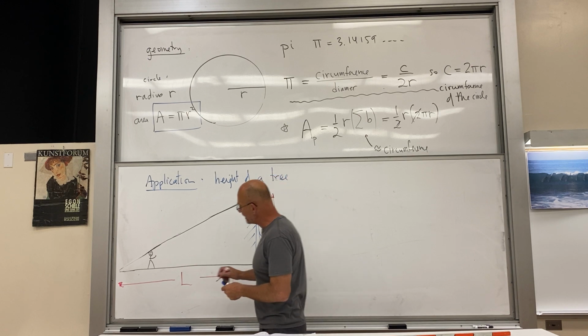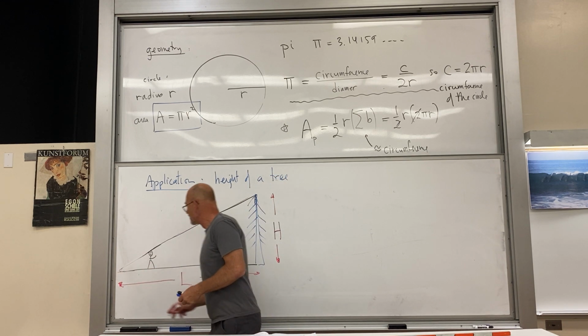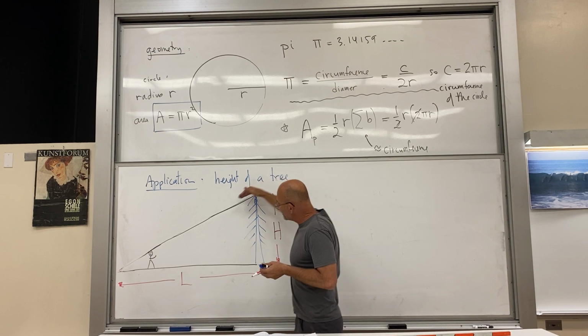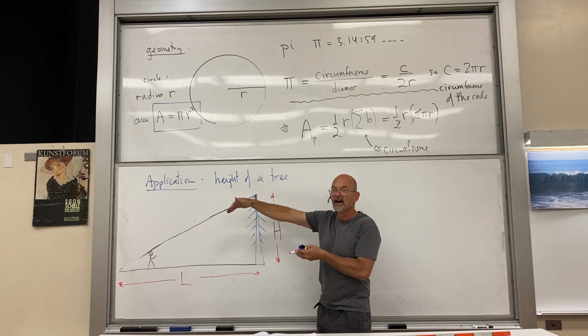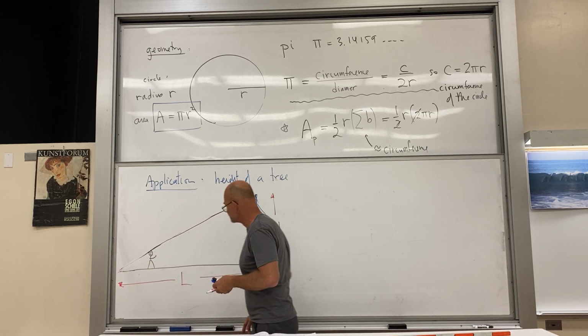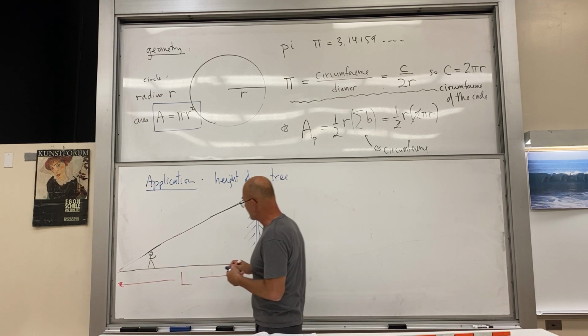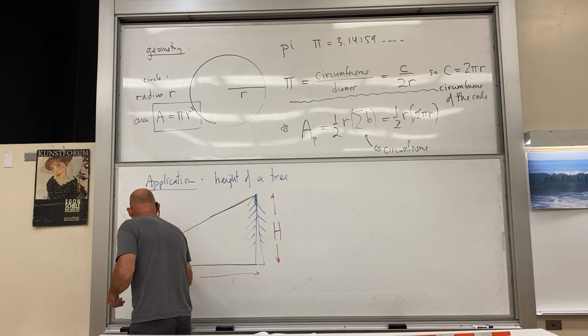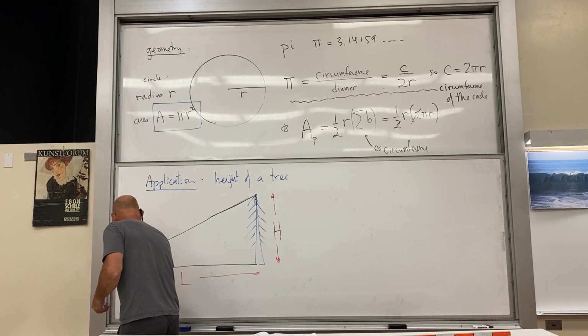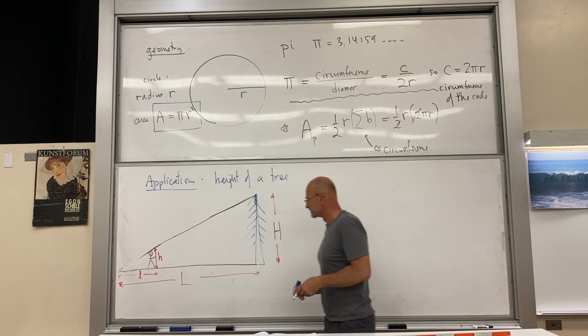Now this point here could be the extent of a shadow that would be cast by the tree when the sun is shining on it from up here, right? The tree would cast a shadow that could be down to there. And I'm going to use lowercase letters, so lowercase h is my height here, and lowercase l is that distance right there.